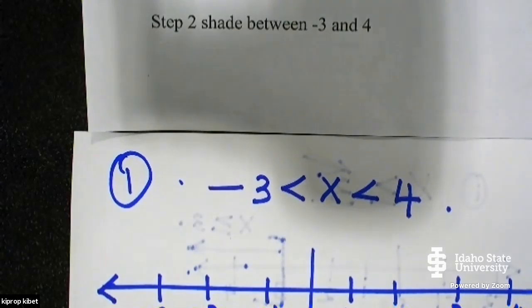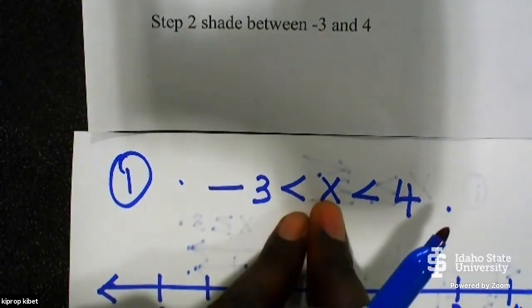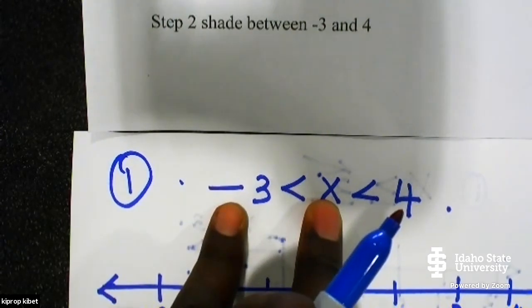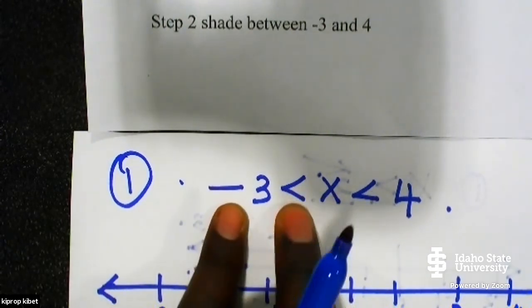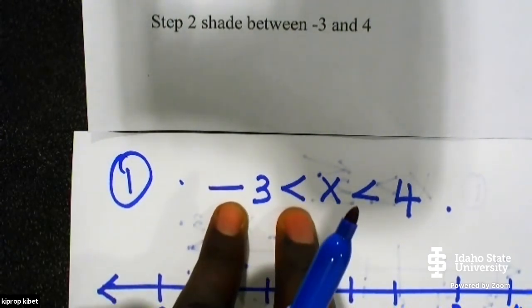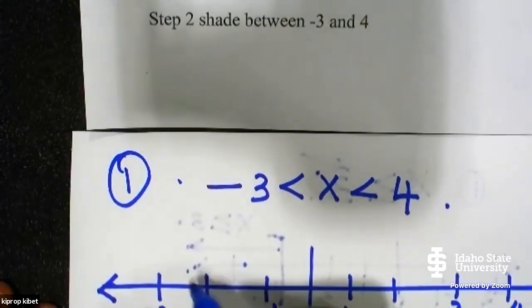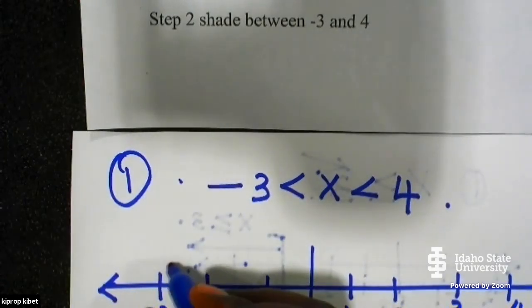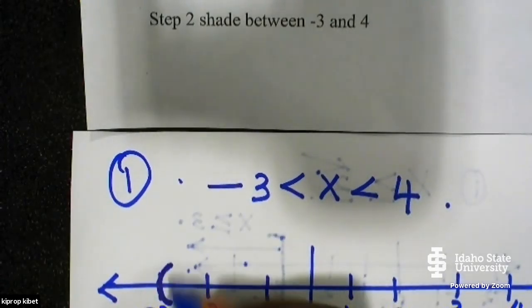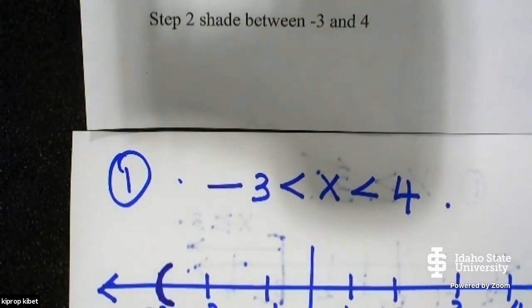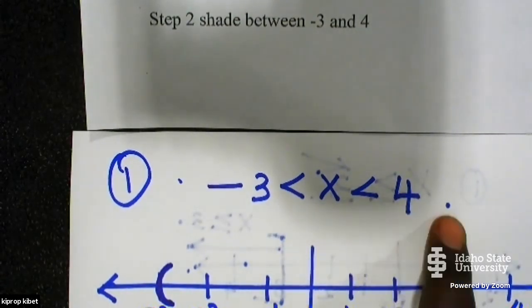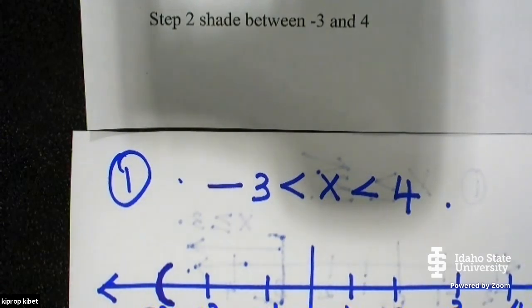Okay. So x is greater than -3. Are we including -3? No. So -2 is greater than -3. So it will be like this. Okay. Then let's come to this. x is less than 4. So we are at 4.